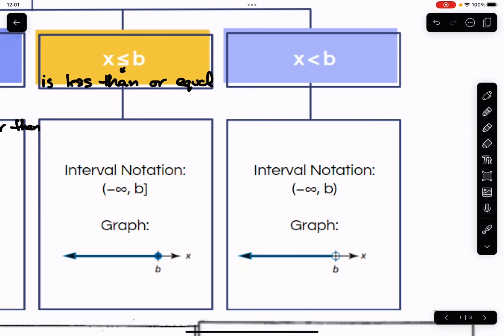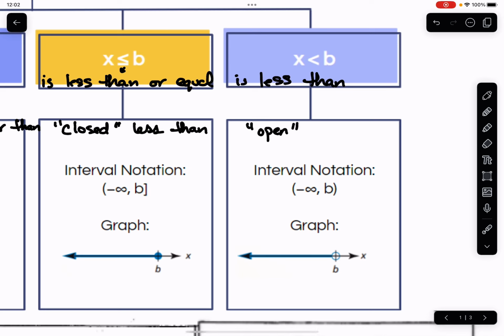I will periodically call it the closed less than. Closed means it's going to be equal to. The other doesn't have the equal sign; it is strictly less than, no equal to, which I will at times refer to as the open less than.